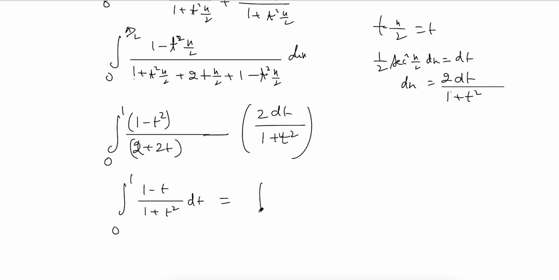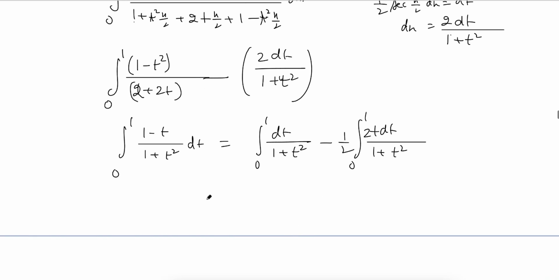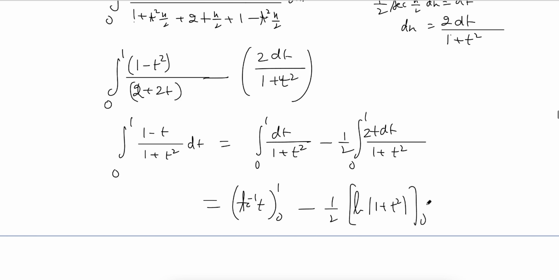So this I can write as integral 0 to 1 dt by 1 plus t square minus integral 0 to 1 t dt divided by 1 plus t square. Here I can multiply by 2 and divide by 2. So this value is tan inverse t, from 0 to 1, minus half ln mod of 1 plus t square, from 0 to 1.